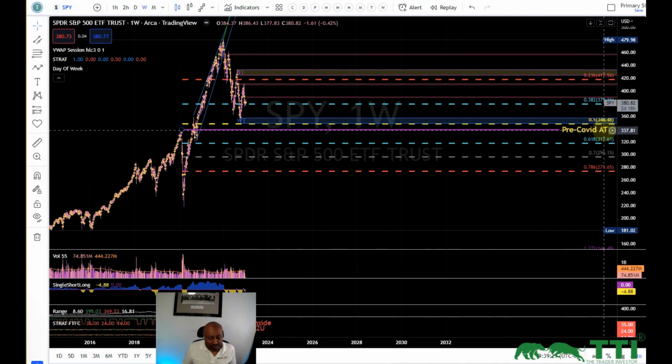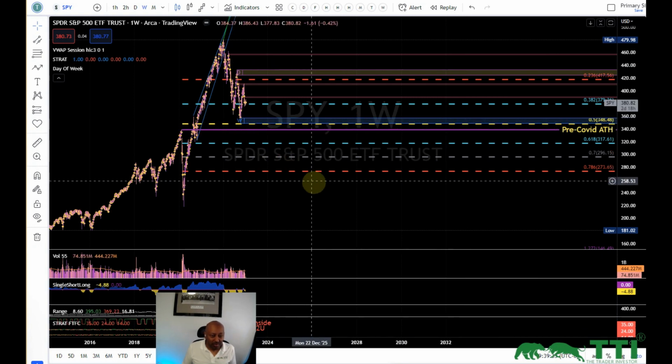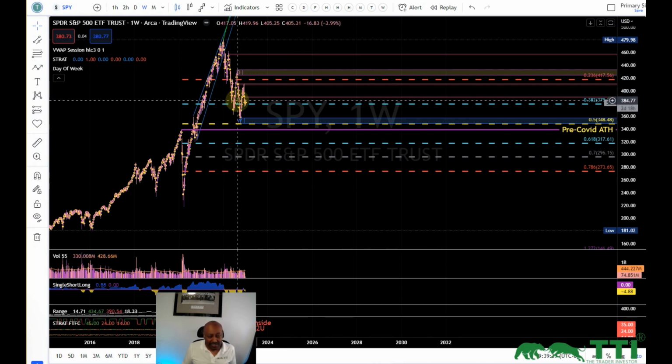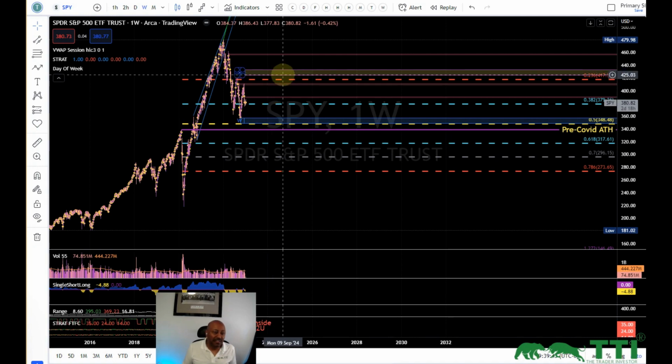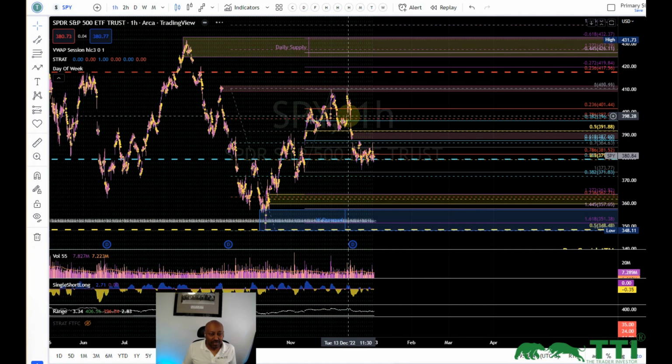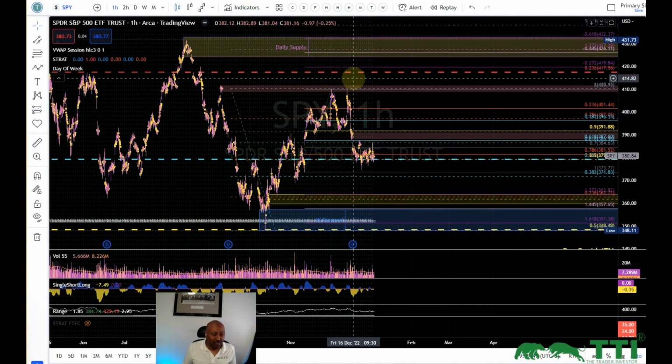Here's the pre-COVID high that I have marked, and I'm waiting for that to take place, and we could go even lower. So because I am short-term biased to the downside, I'm just going to keep watch of all of these areas. So it's really critical to keep identifying your supply zone and demand zone.